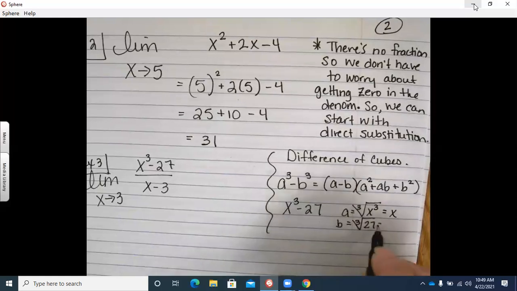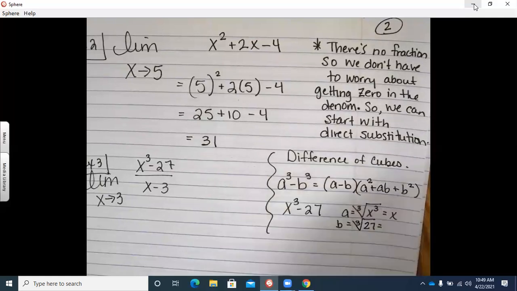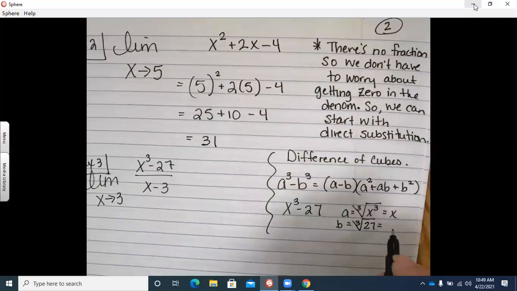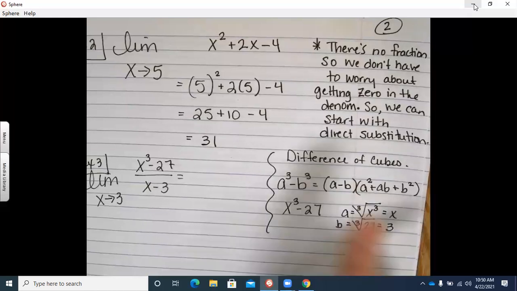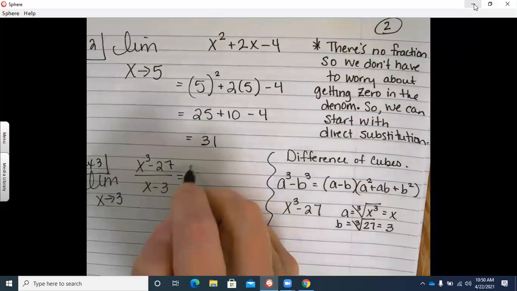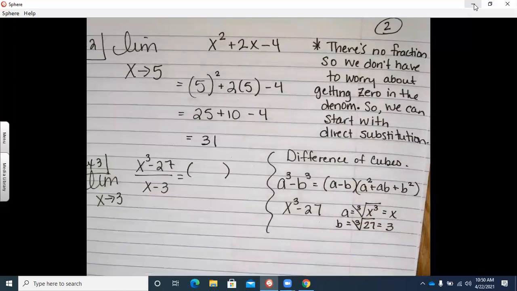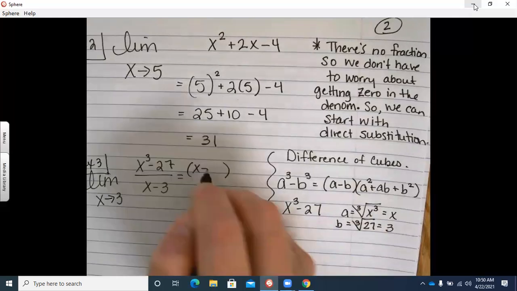So what's the cube root of 27? 3. 3 times 3 times 3 is 27, correct? So to factor that, in the first group, we do A minus B, which is going to be what? x minus 3.